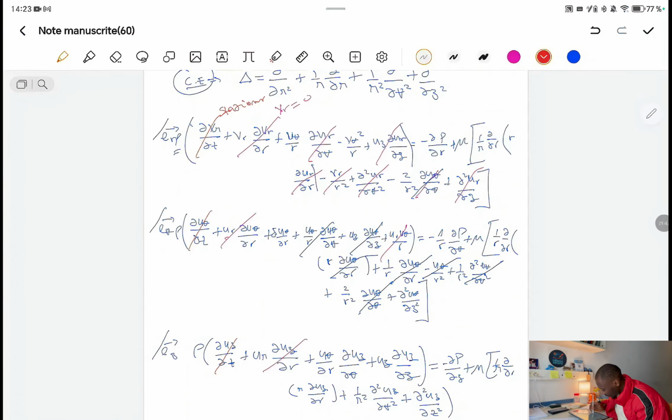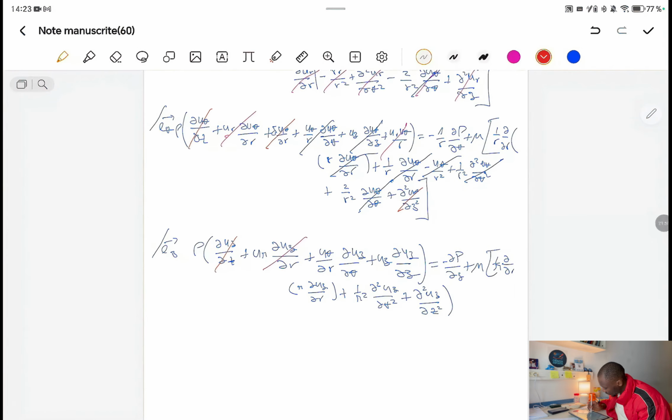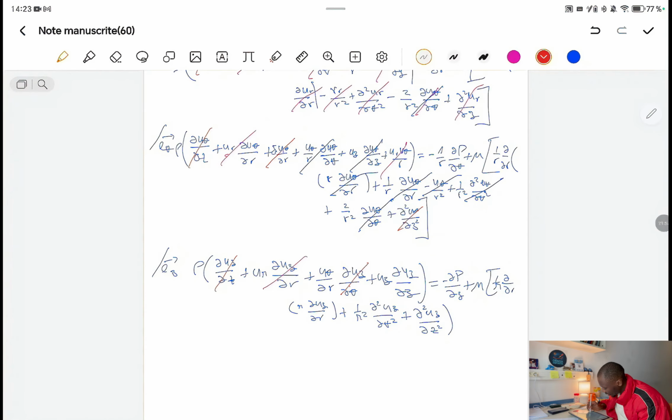There's no flow in the theta direction, so it disappears. Okay, let's look at our assumptions. The theta direction, that disappears. V theta is 0, disappears.